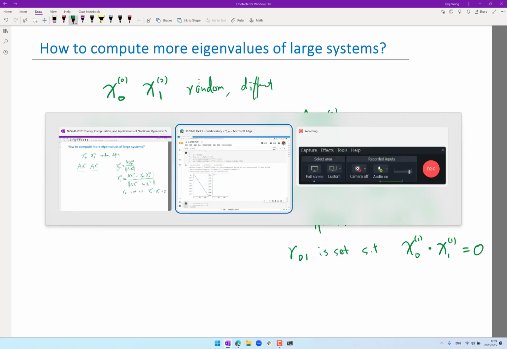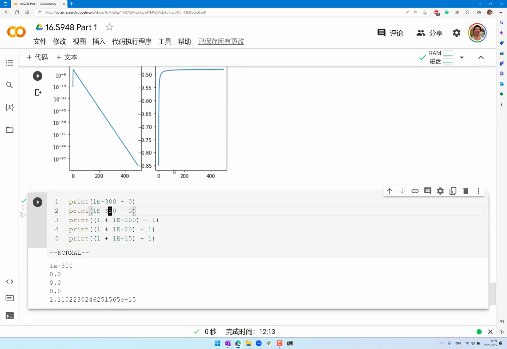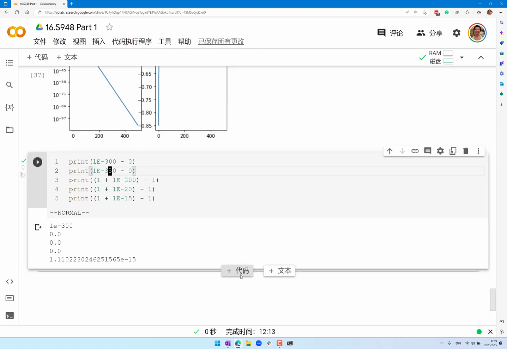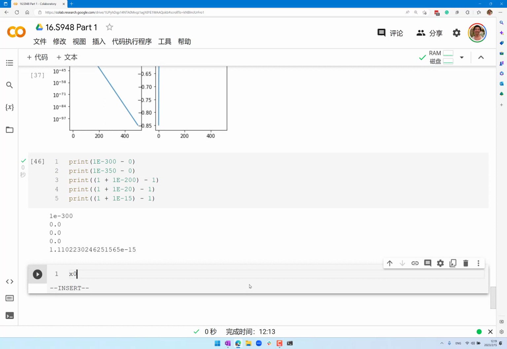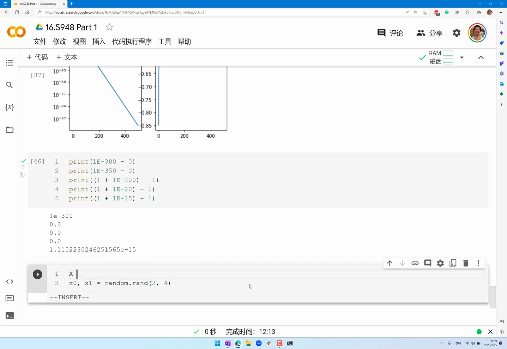Okay, so for example, let me just illustrate with code over here. x0, x1 is going to be random.rand of 2 and 4, and that's where a is going to be.